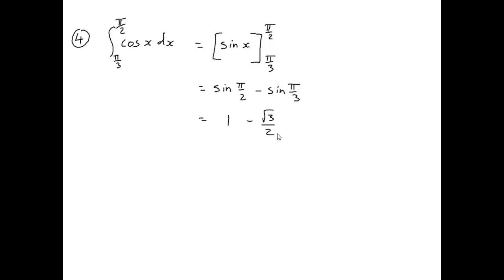Let's do another definite integral. This time, I think we're up to number 5. Let's do between 0 and pi, sine of 2x dx. You could stop the video and do this yourself before I get there if you like. What's that going to give me?